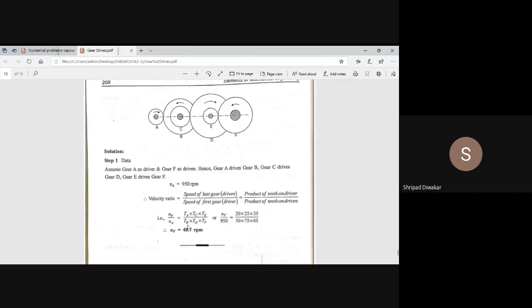TA is 20, TC is 25, TE is 25, divided by TB and so on, everything they have given. Here NA is given as 950 rpm. Obviously, the speed of the last gear will be less. So you are getting around 48.7 or 49 rpm. Okay, so this is how to solve the numerical problems on gear drives.